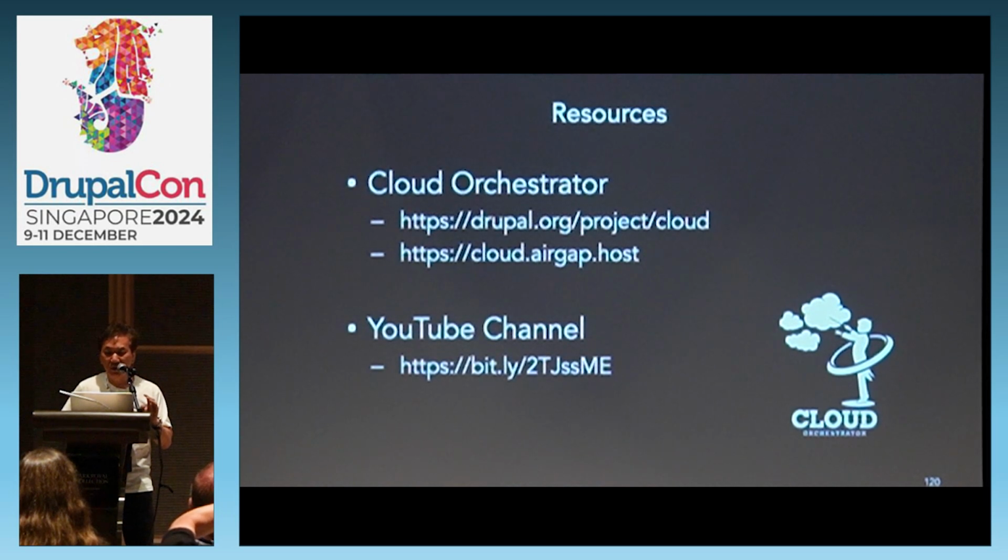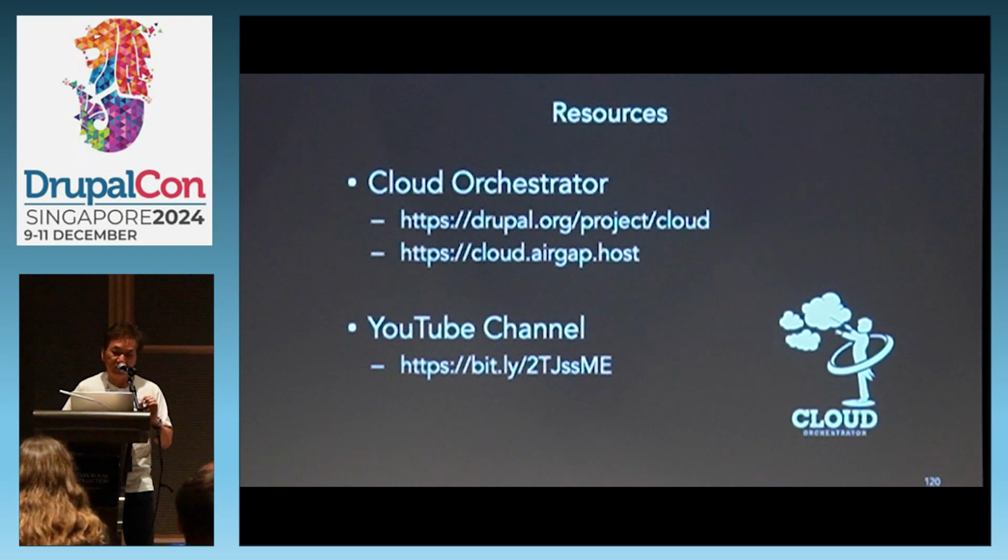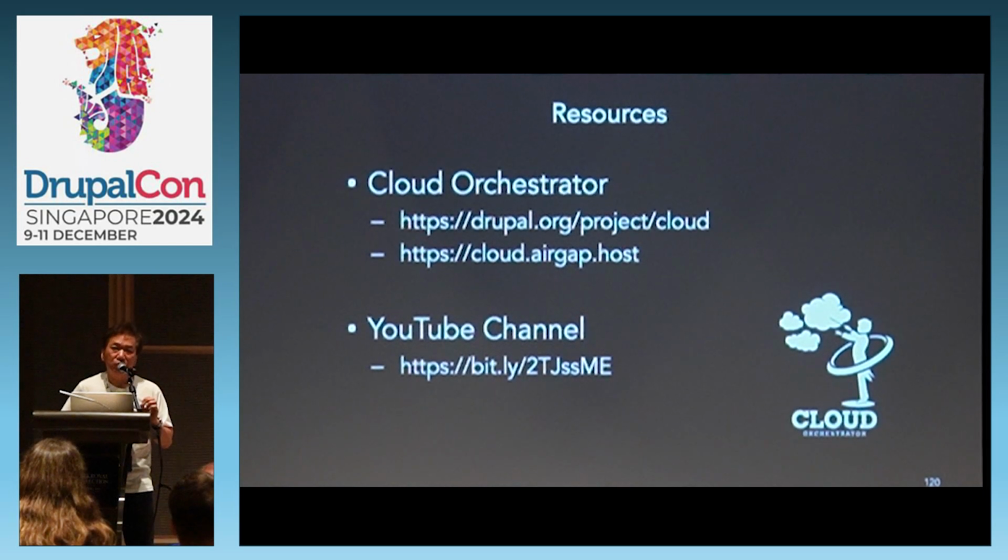Also, please visit our websites and learn about Cloud Orchestrator, and subscribe to our YouTube channel. Please contact me if you want to use Cloud Orchestrator in your project or organization to manage AWS, Kubernetes, OpenStack, VMware, whatever. Any development contributions are welcome at the Cloud Orchestrator project on Drupal.org.